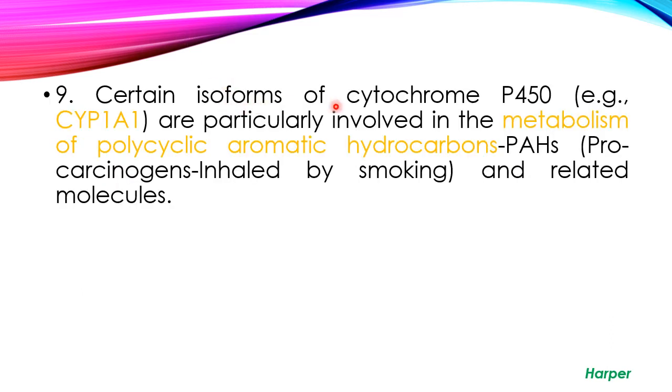There are some isoforms of cytochrome P450, for example CYP1A1, which are involved in metabolizing compounds like polycyclic aromatic hydrocarbons and some compounds which are related to the same category. Now, polycyclic aromatic hydrocarbons are procarcinogens, that is, inactive carcinogens, and these are mostly inhaled by smoking.